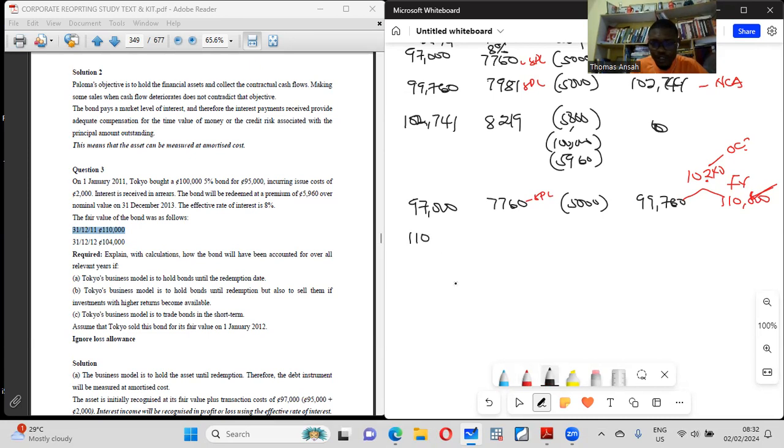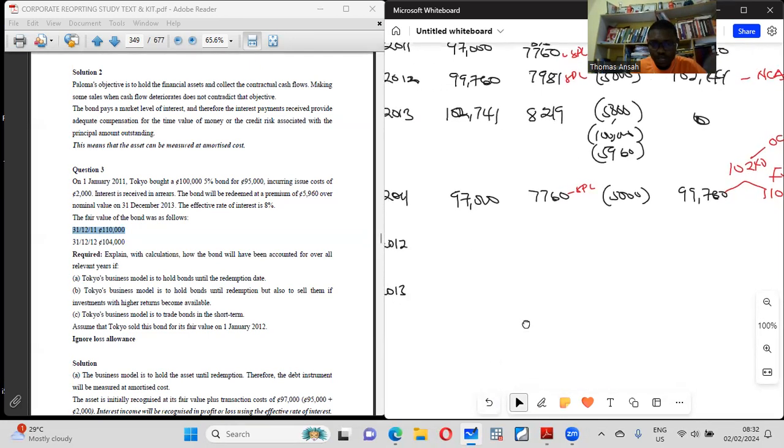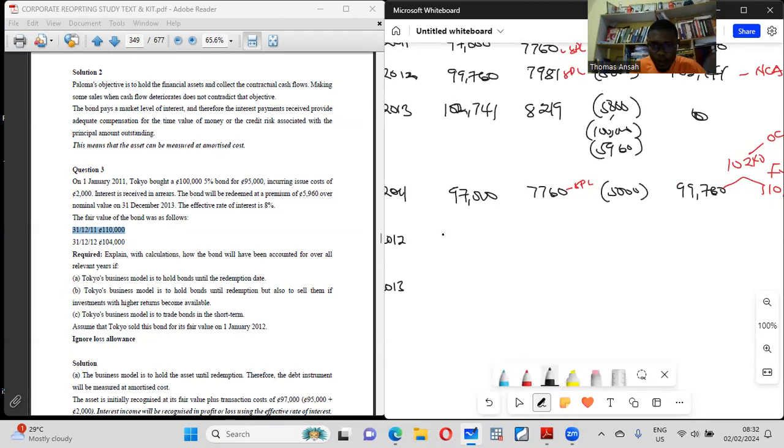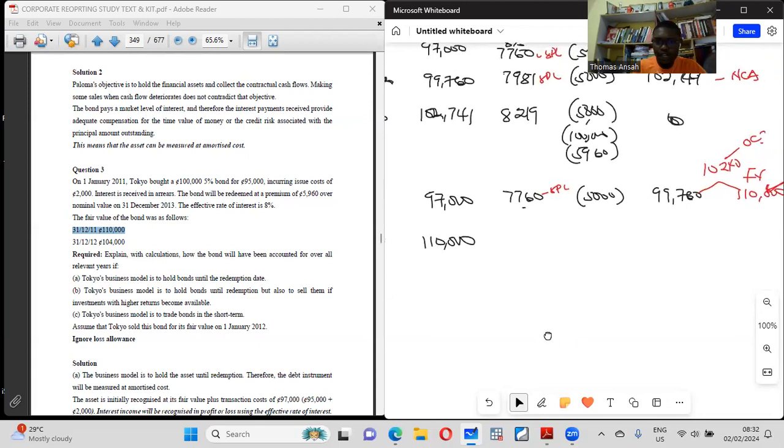But I told you that which one will be your balance brought down? 110, right, for the next year. I told you that it will be the 110. But which one will you calculate the interest income on? Yes, I told you that it won't be this. It will be what? This one. So it means the interest incomes will be the same. So 7,981 is the same as you had here.